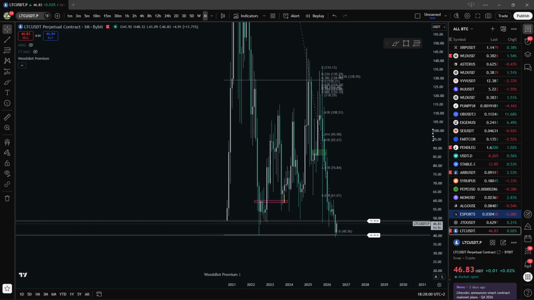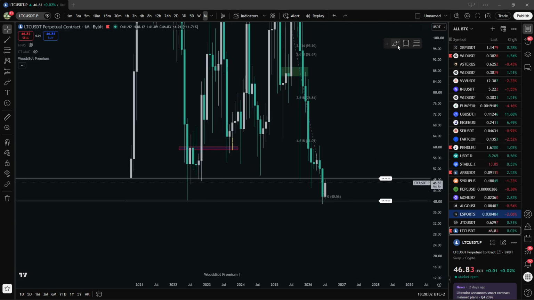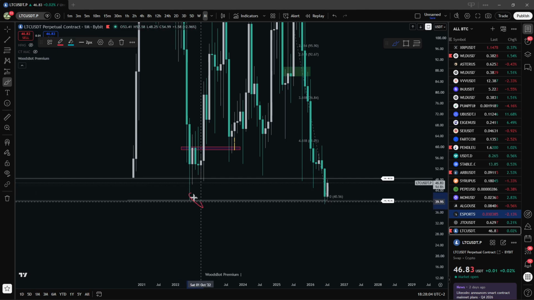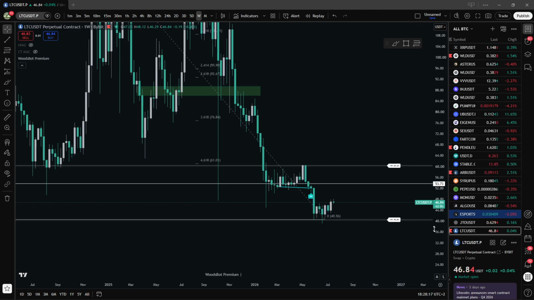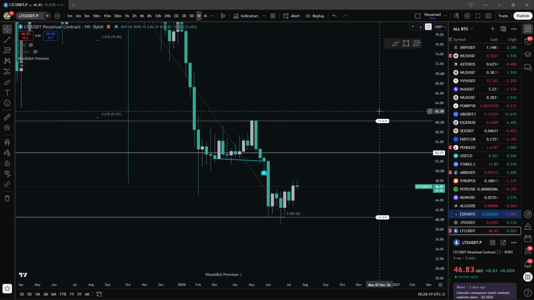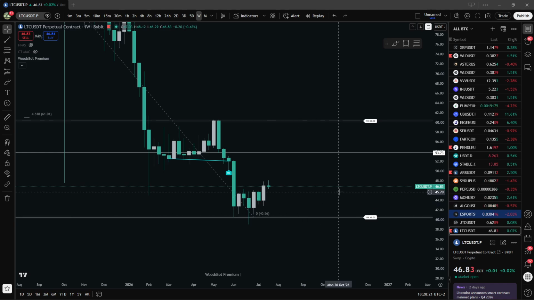So from a monthly perspective, it swept this low and it closed above, right? So there's definitely potential for a bounce. And obviously price action is currently bouncing. Liquidation 27, okay.